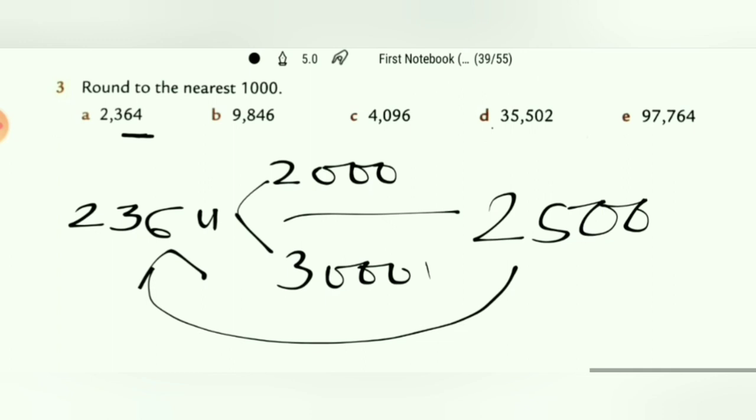It means it will go to 2000. So the answer is 2000. If the question is more than the middle value, it will go to the second one. If the question is less than the middle value, it will go to the first answer. See on your screen and do it fast.